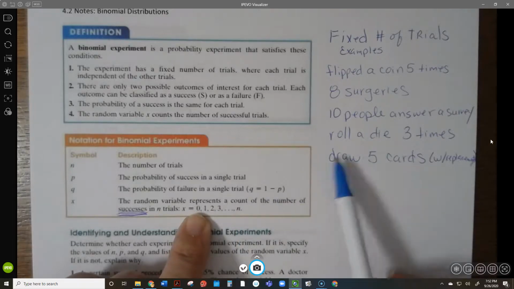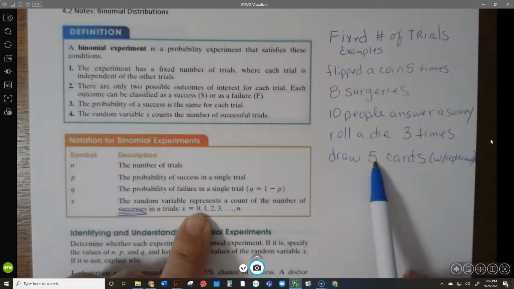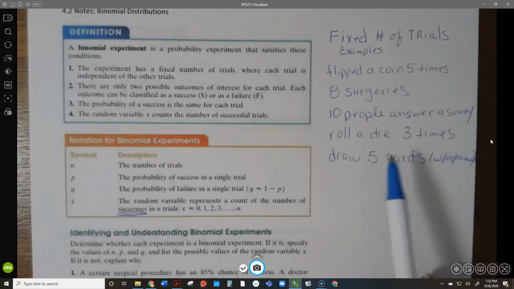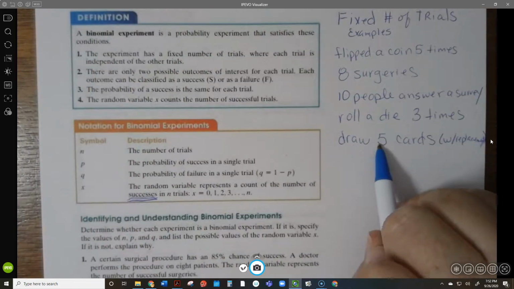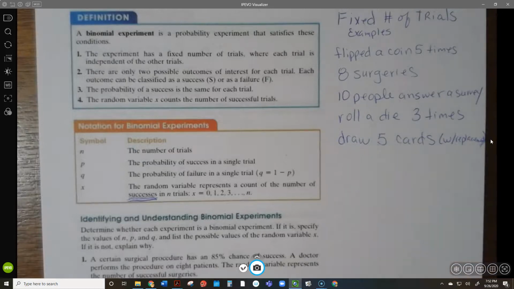If my event for the fixed number of trials is drawing red cards, let's say I want to calculate something about drawing a red card.